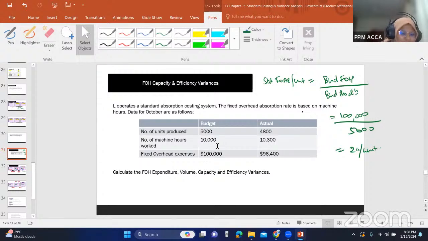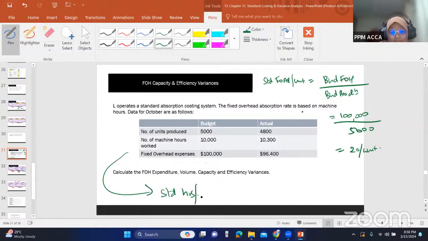That means for 1 unit, standard hours per unit will be 10,000 hours divided by 5,000 units, which is 2. So for 1 unit, we are allowing them to use 2 hours.